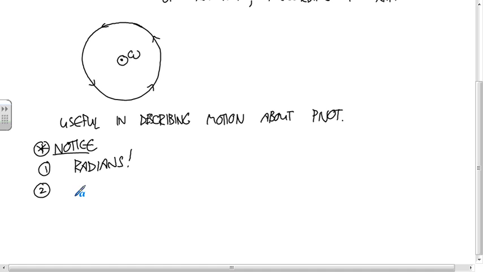The second thing you have to notice is that any circular or spherical motion has an instantaneous axis of rotation.